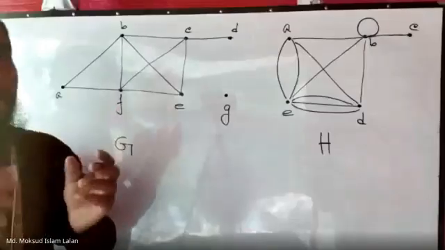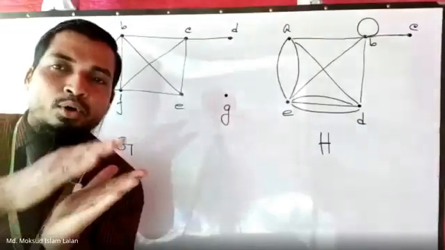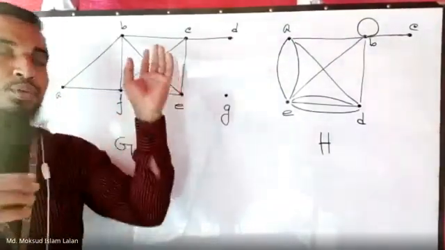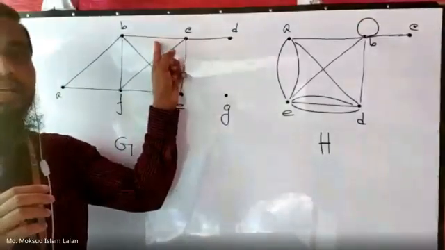Sir, please tell me again what is called an adjacent vertex. Adjacent means side or edge, right? So this is what you are calling an edge. BC is the edge, right?